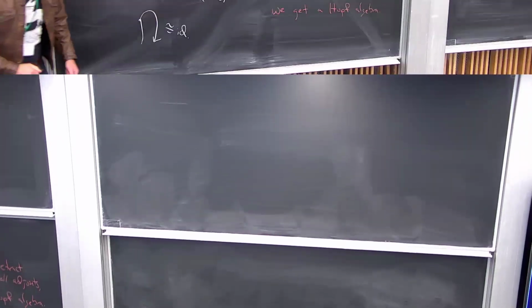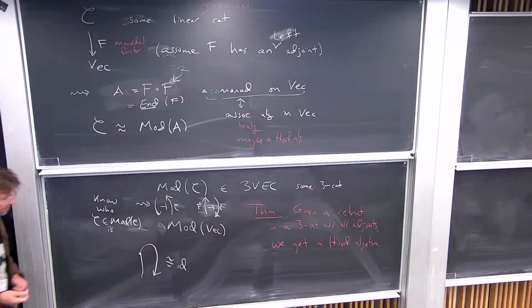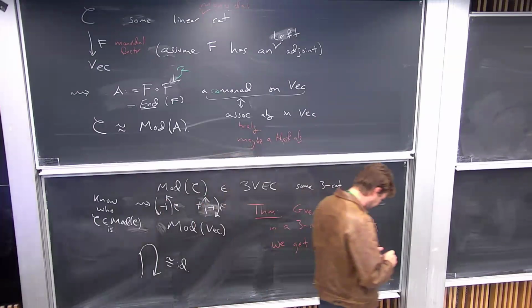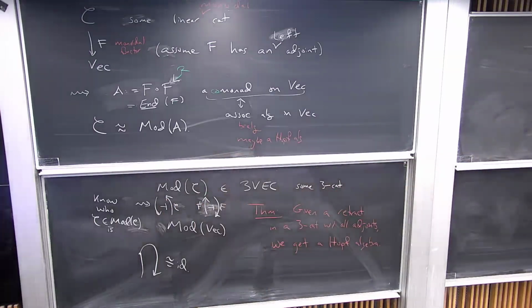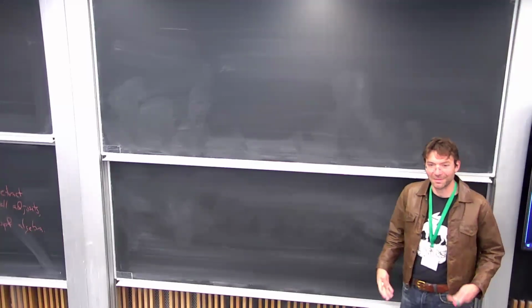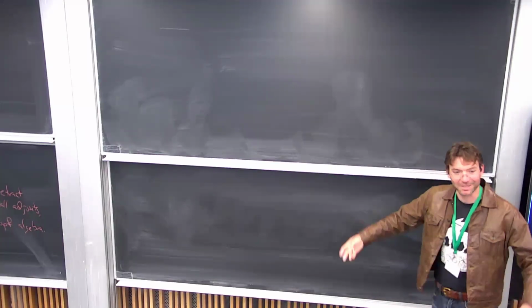I really mean a Hopf algebra. So that's the first thing I want to tell you today. I'm going to tell you a little bit about how this works in case you ever want a Hopf algebra. I know some people in this room like Hopf algebras and like building them. So this is a way to build some Hopf algebras.